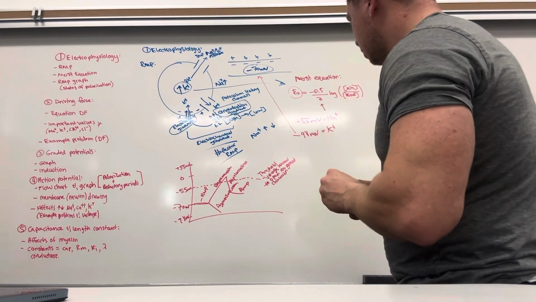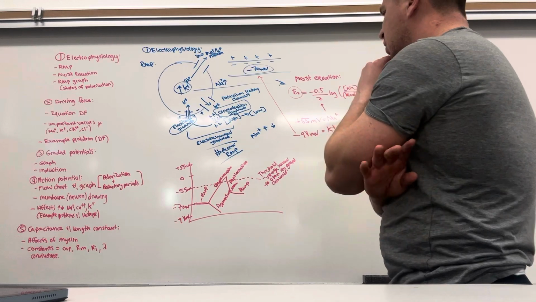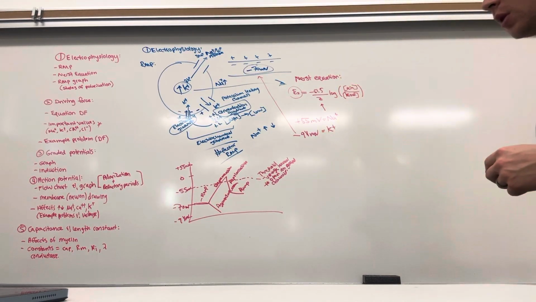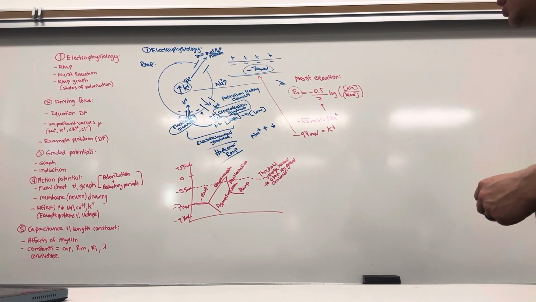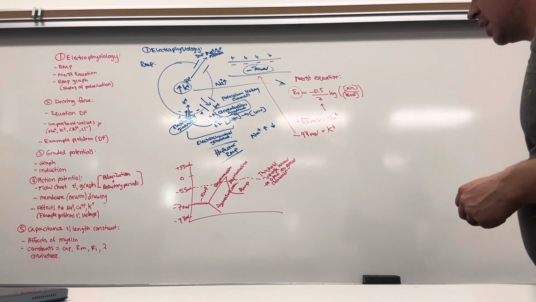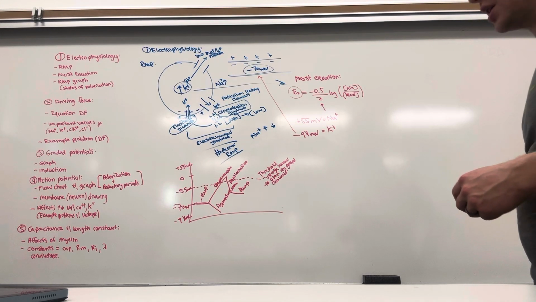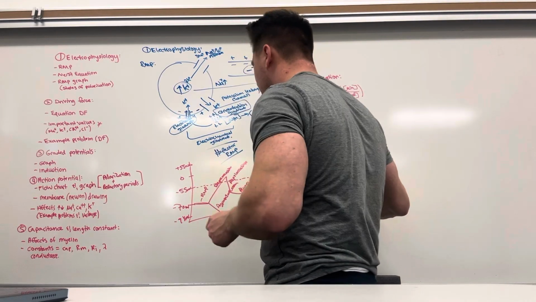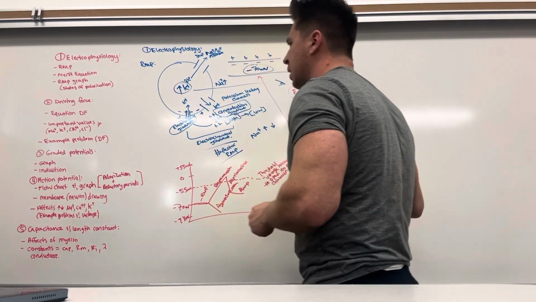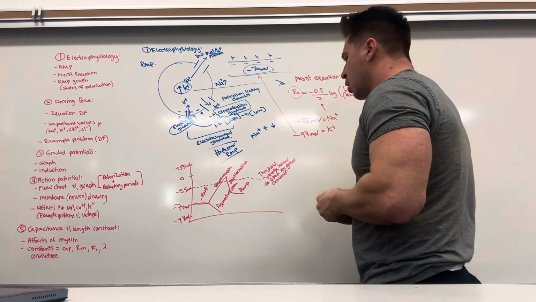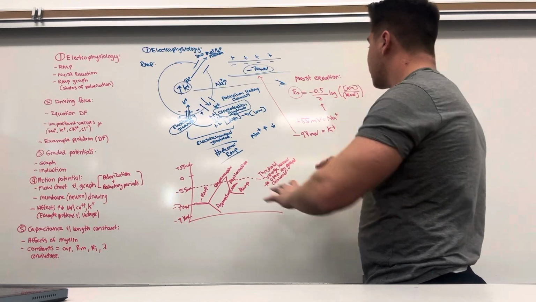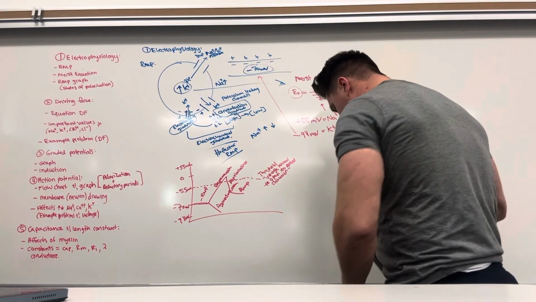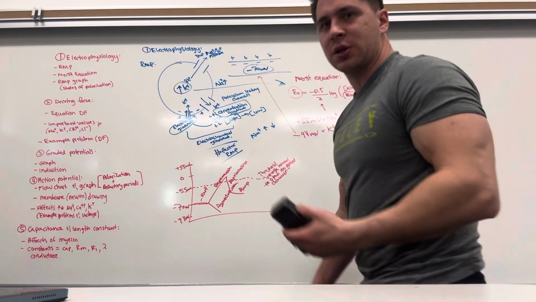So threshold, the voltage needed to open ion gated channels, all right? So what we conclude from this is that when the resting membrane potential changes, we have these different polarized states that we can then recognize on a graph. Okay, so that's going to be the first section. Hopefully we understand resting membrane potential a little bit better.